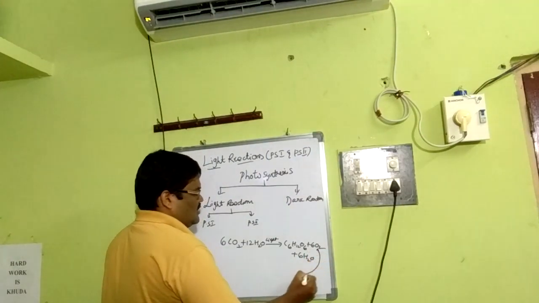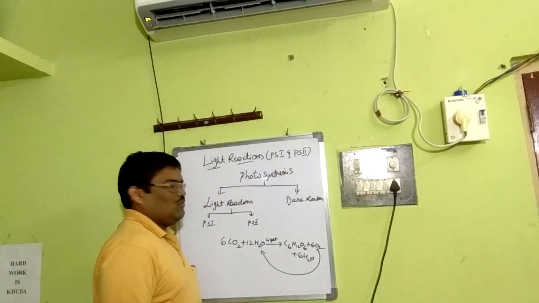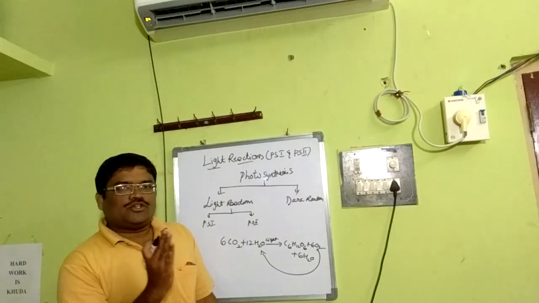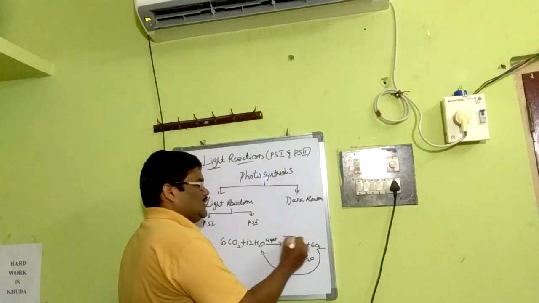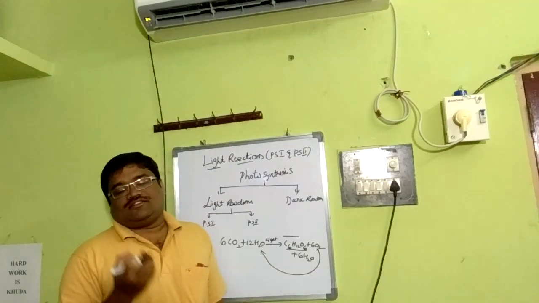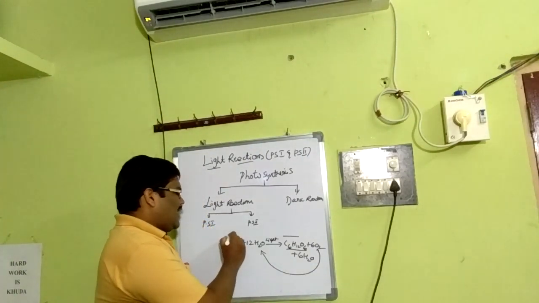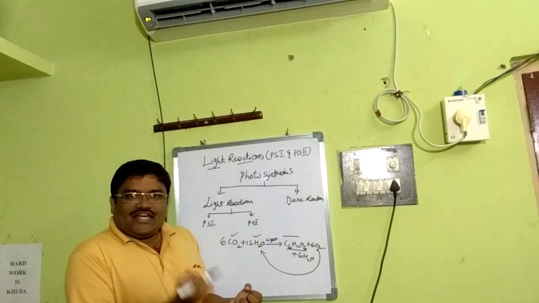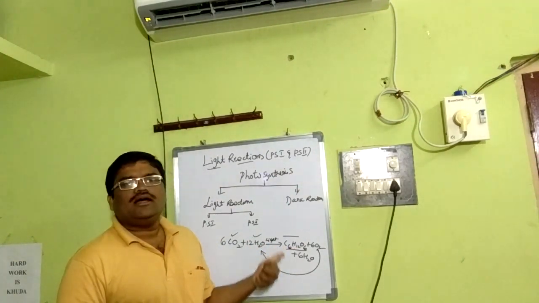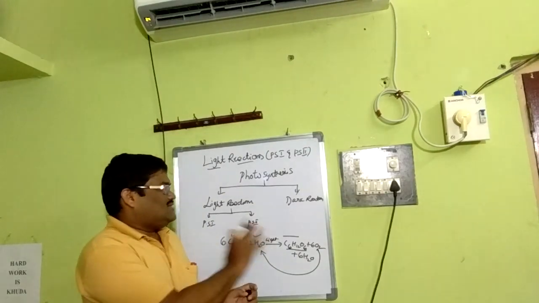Here oxygen is coming from the splitting of water molecules. By splitting the water molecule, we generate oxygen, and the organic compound, the glucose, is the food material. So it's a basic reaction.